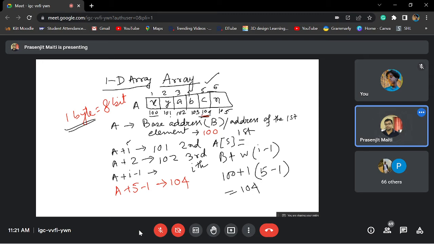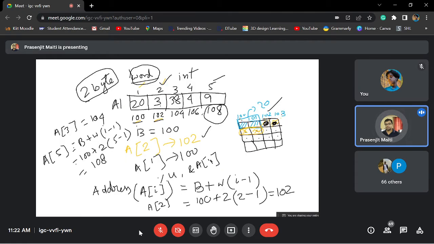So questions of this type may come where the base address is given. What is the requirement? If we know the base address and the word size, then we can calculate the address of any location in our 1D array.